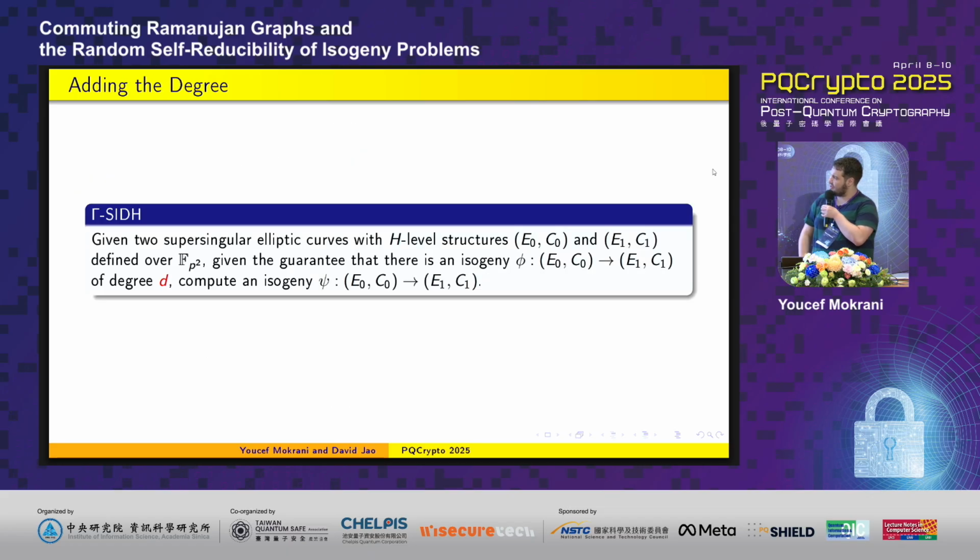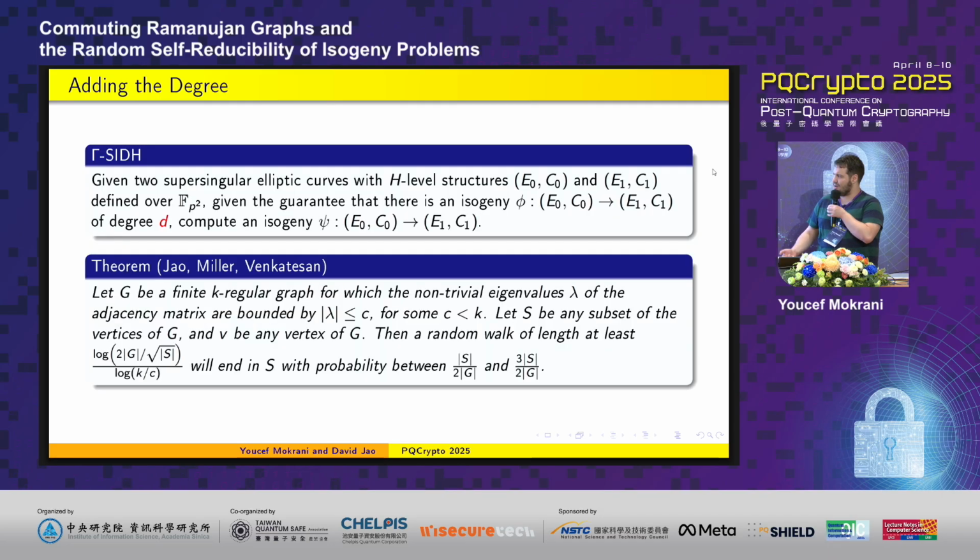However, in generalized SLEH, not only the degree is important. So if you're able to somehow solve only for a small degree d, because this theorem by Jao, Miller and Venkatesan tells you that the distribution of a random walk is uniform, if your degree is too small, you have a real risk of just ending in cases where you cannot solve it because there is no isogeny of degree d between your 2 random elliptic curves.